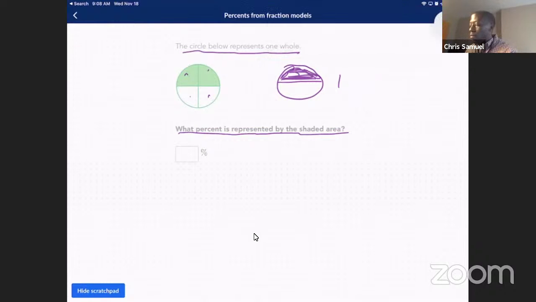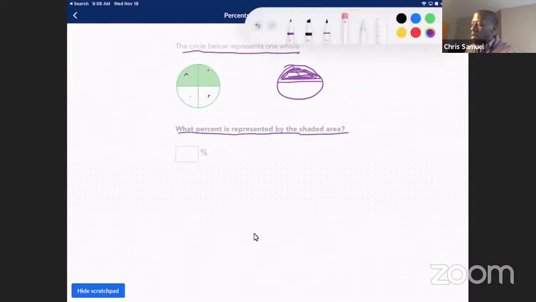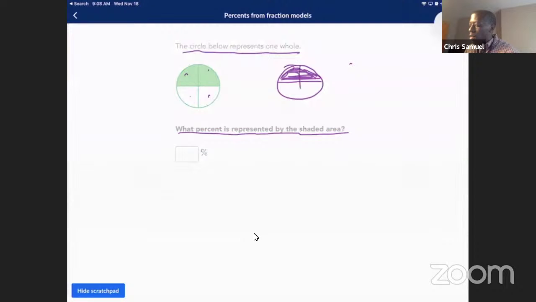So anyway, we have the 1/2 here, and then we have this over here. Actually, this is not 1/2. This is 1/4, because they're put into 4.